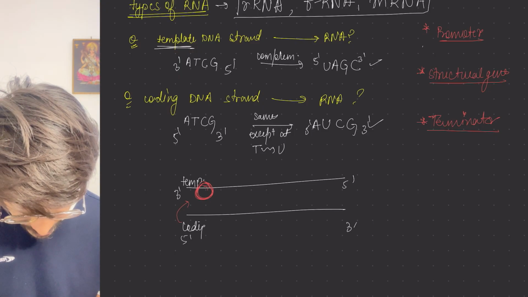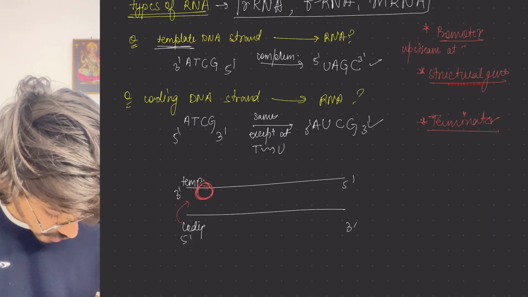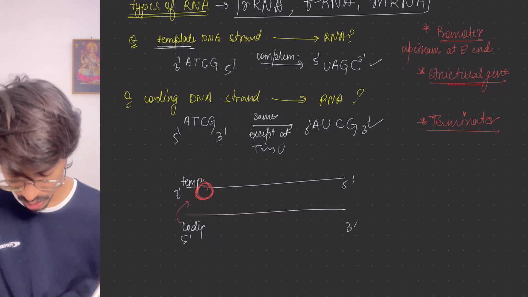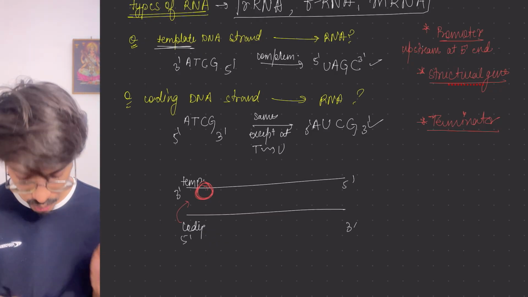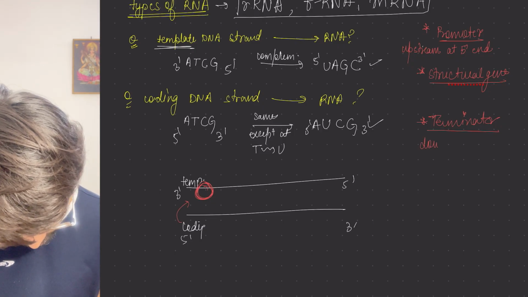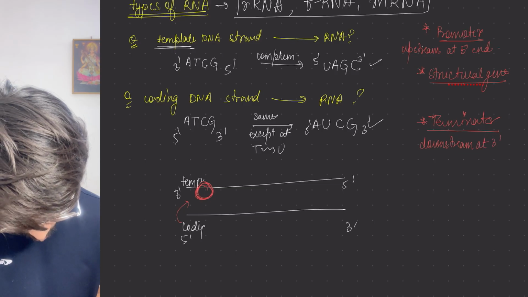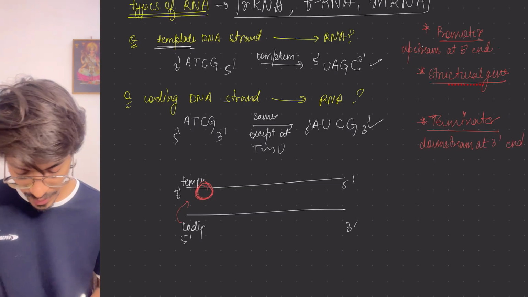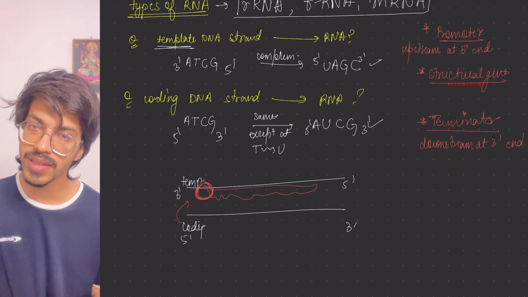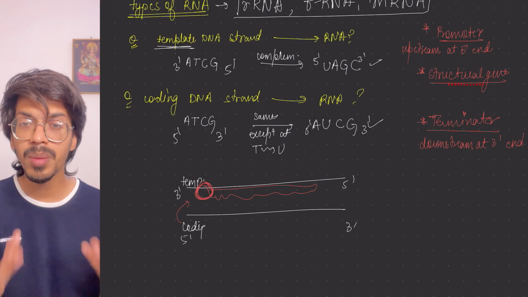So remember that it is upstream at the 5' end of the coding strand, and the terminator is present downstream at the 3' end of the coding strand. In between there are the structural genes. That's it. If you have understood this, let's go with the process.